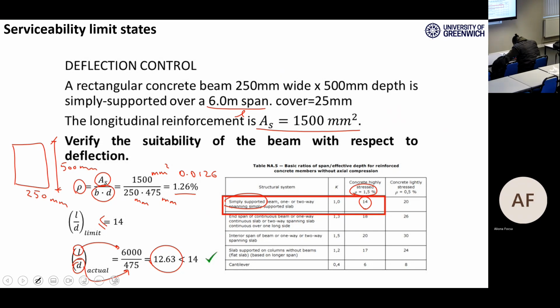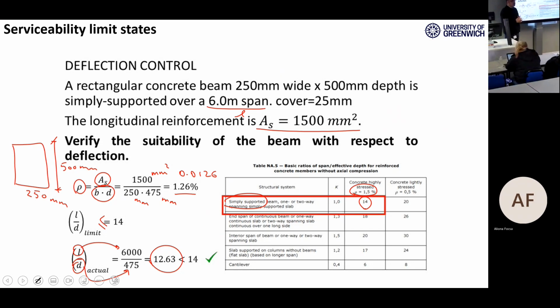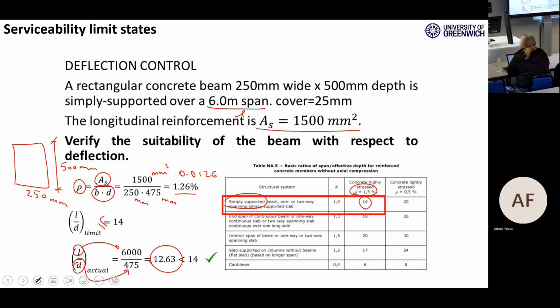But if it's not good, what should you do? When you change the span, the span is coming really from the architectural point of view. So in practice, it's really hard to decrease span lengths because you need to have a smaller size for your room or kitchen, whatever it is, and you have some problem with your architecture. You cannot really change the span lengths.